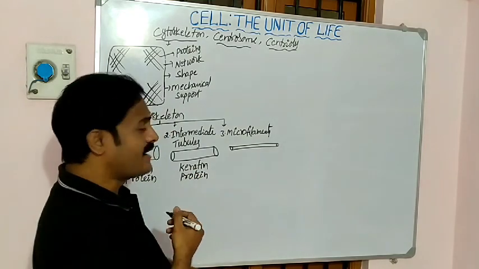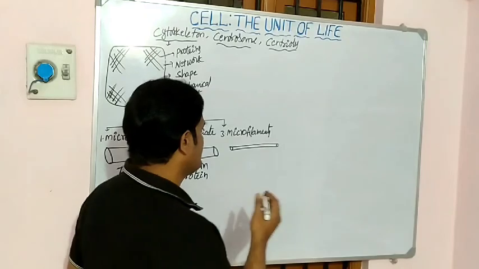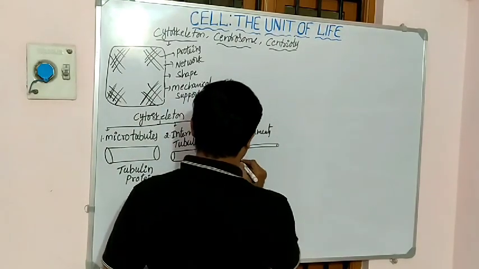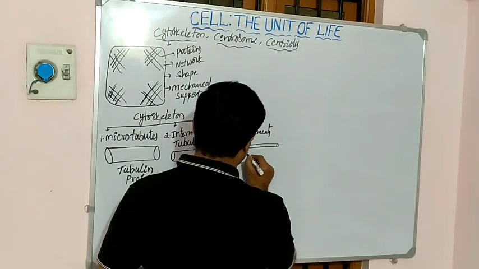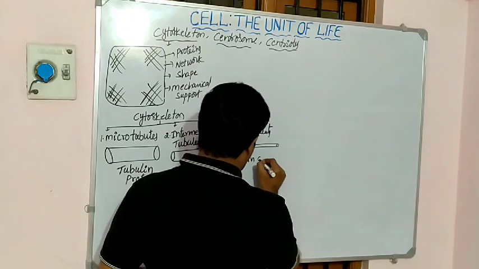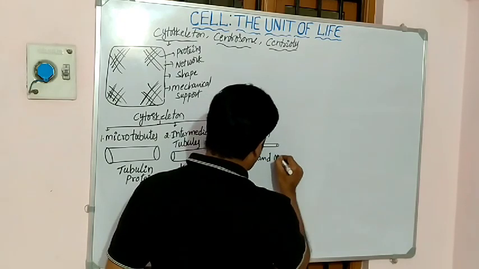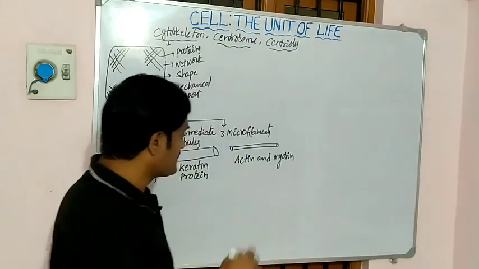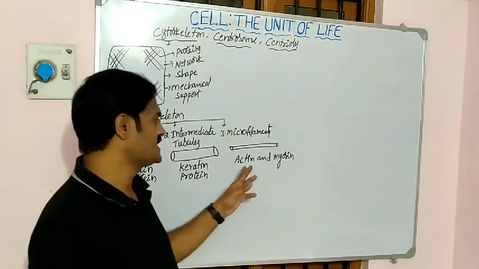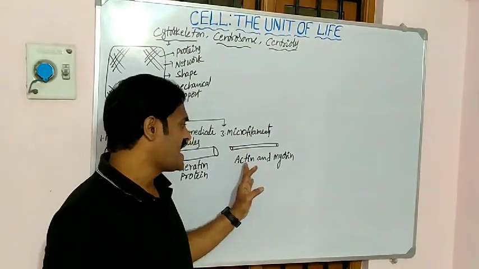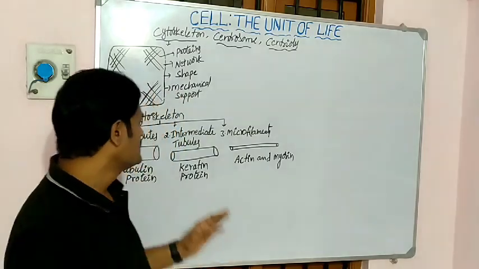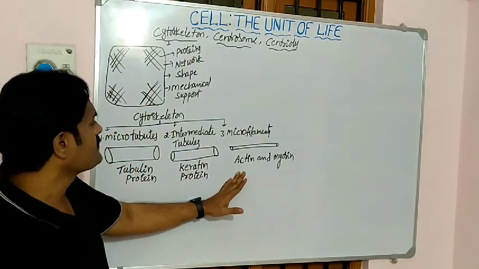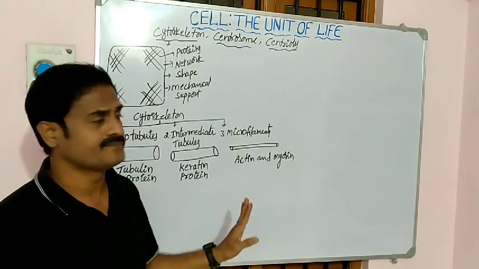Then coming to the microfilaments, they consist of actin and myosin, two types of proteins. What are they? Actin and myosin. So this is the information about the cytoskeleton.